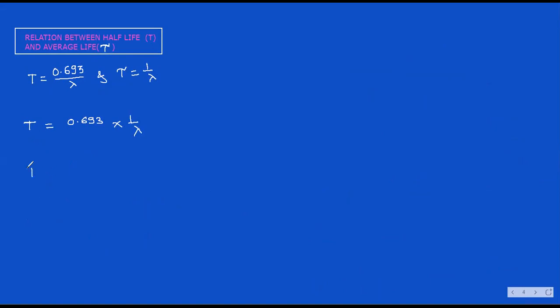So therefore this T is equal to 0.693 into tau. Clear? Right?